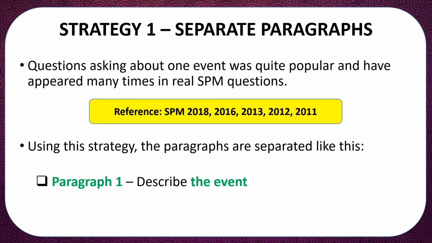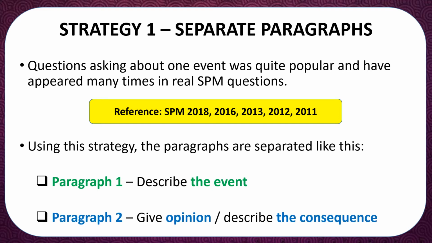Paragraph 1. When I mention paragraph 1, it does not mean the introduction, okay, because we are focusing on the body. So the first paragraph for the body should describe the event. And for paragraph 2, you need to give your opinion or describe the consequences. It all depends on what the question asks you to write about.